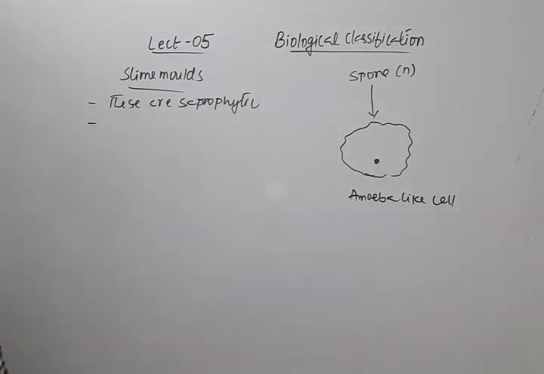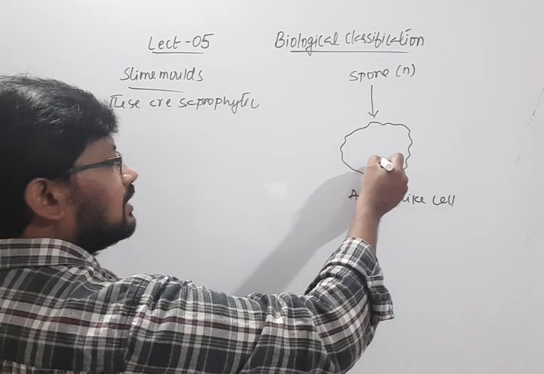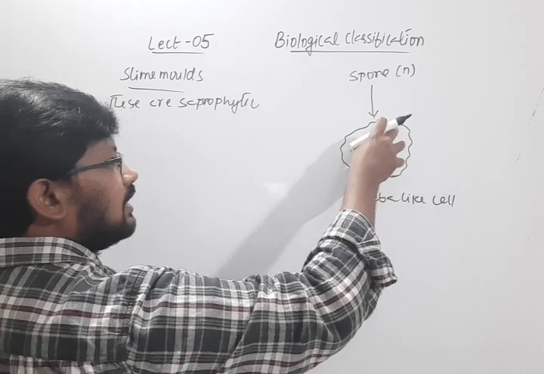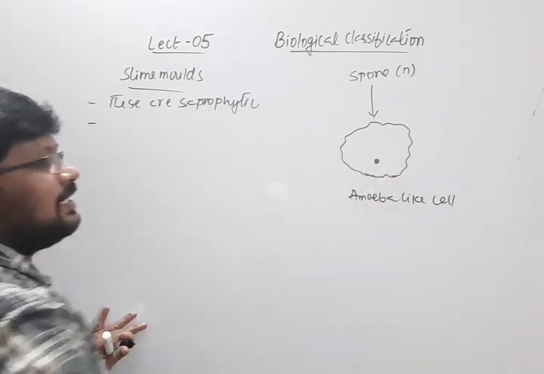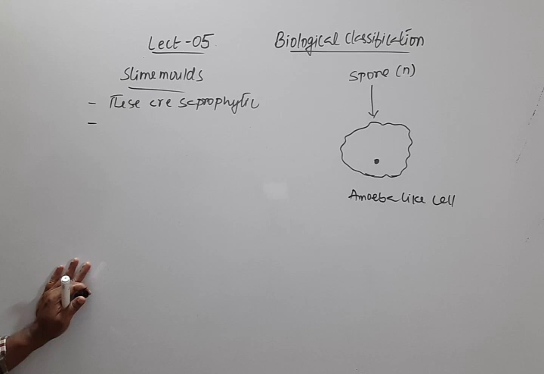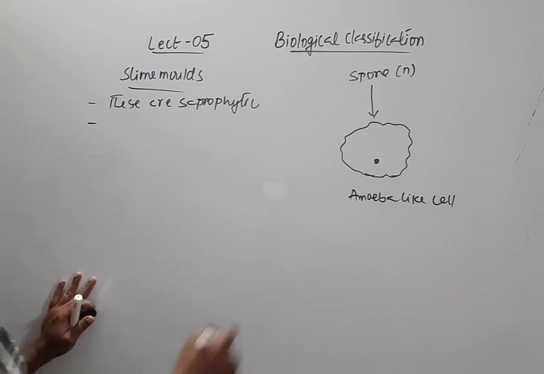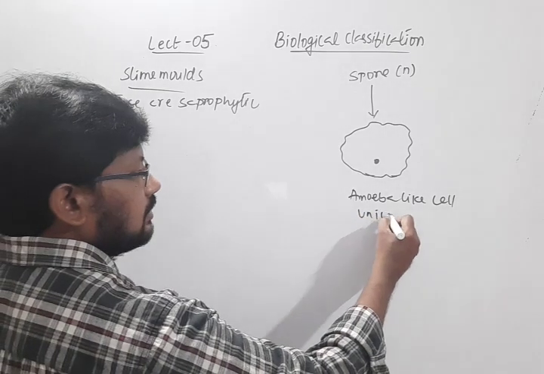They will be growing along the decaying twigs and leaves, engulfing whatever they come across, especially the bacteria. So they engulf, and in course of time their cytoplasm increases and the size also increases. Of course these amoeba like cells are unicellular.